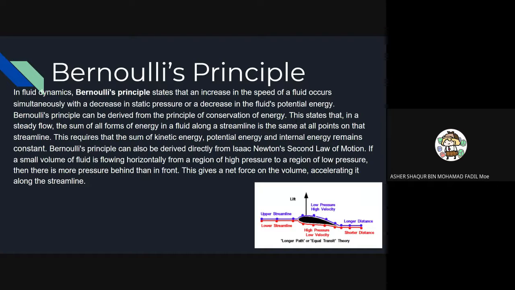I have this small diagram here to show how it works. The upper streamline, since it's going over the curve, has a higher velocity, resulting in lower pressure, and the lower streamline has higher pressure because of low velocity, therefore creating a lift, making it able to fly up.